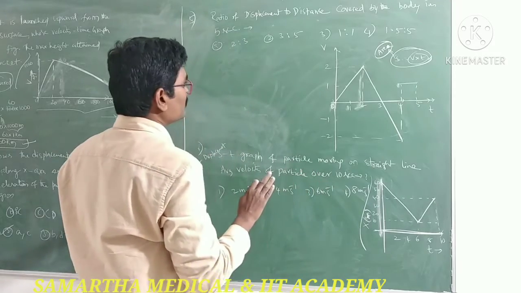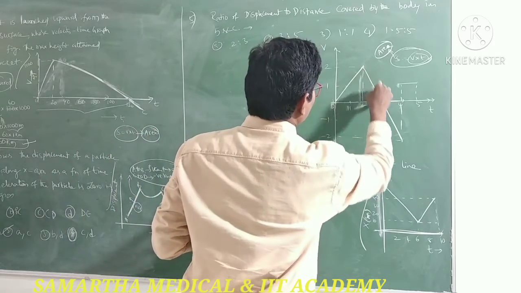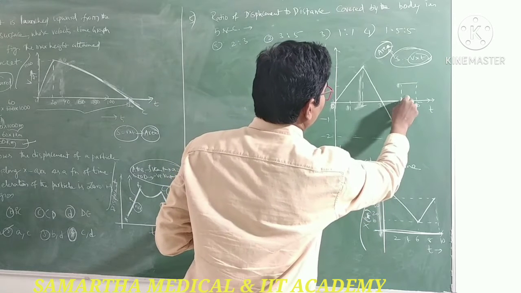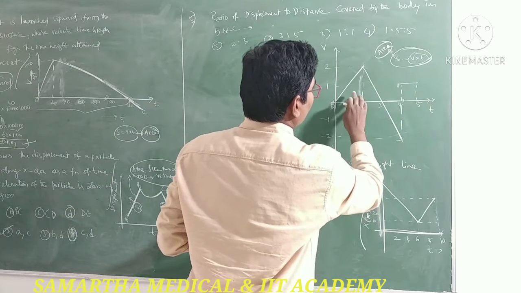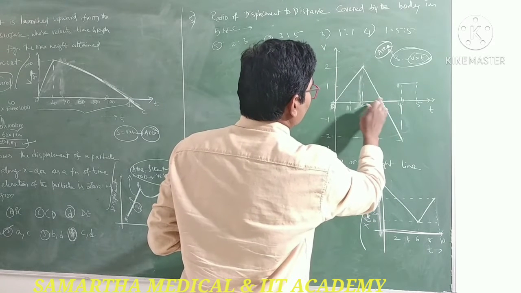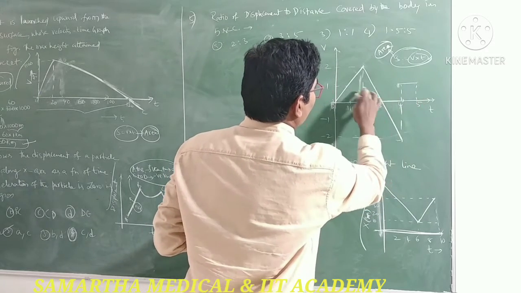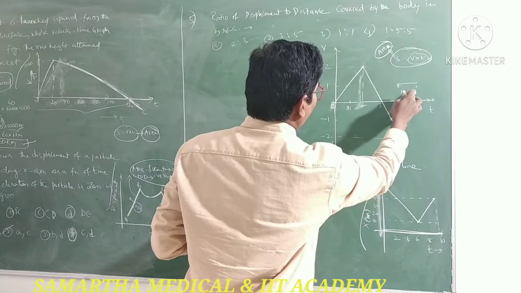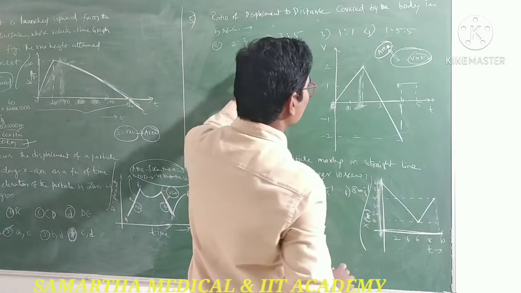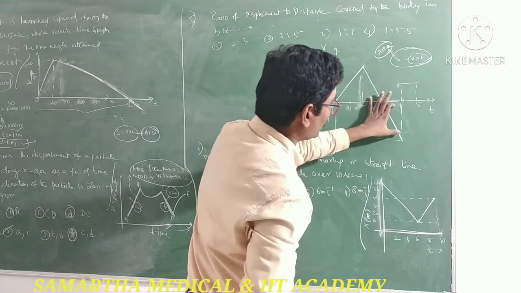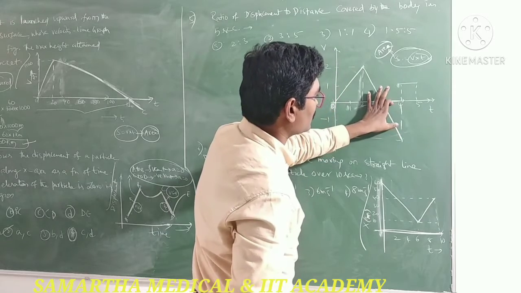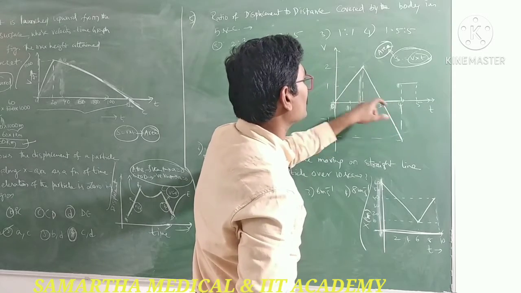But one thing you have to observe: here a positive area is there, here a negative area is there, and here a positive area is there. This is positive, this is negative and this is positive. If you add the areas, then you will get the displacement. But if you take the negative value of the displacement also as a positive value, then you will get the distance.